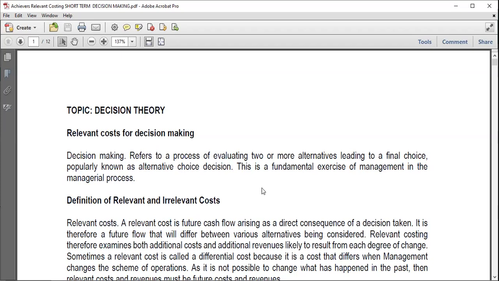Every time you're making a decision, either to start up a new product, to support a new customer, or to shut down one of your operations, it will be affected by relevant costs, and along the way, you also have some irrelevant costs. So it's very important for you to know which is relevant and which is irrelevant. That is what we want to look at especially for today's class.